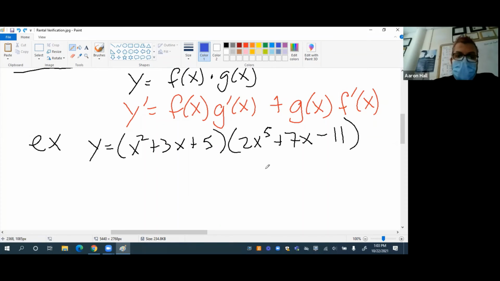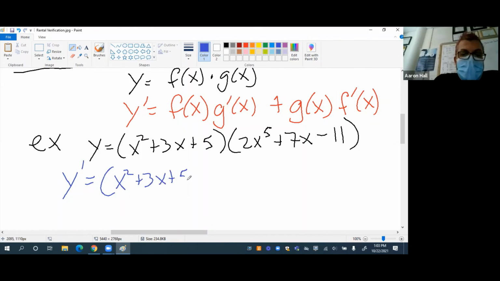So let's do the first one. We have f of x, which is this piece here. I'm not going to do anything with that. So I have y prime equals x squared plus 3x plus 5. Now I'm going to take the derivative of the second function. What's the derivative of that? 10x to the power of 4 plus 7, minus 0.